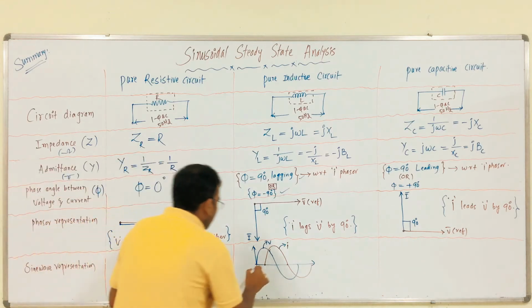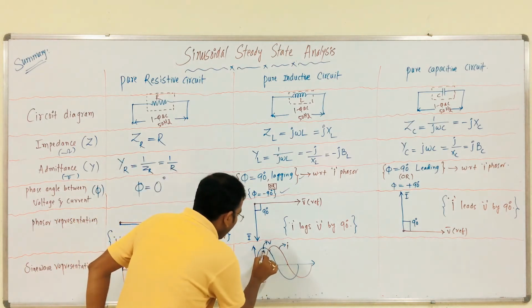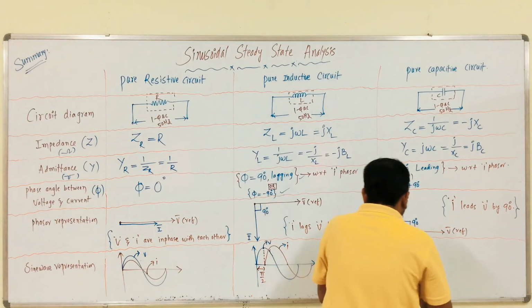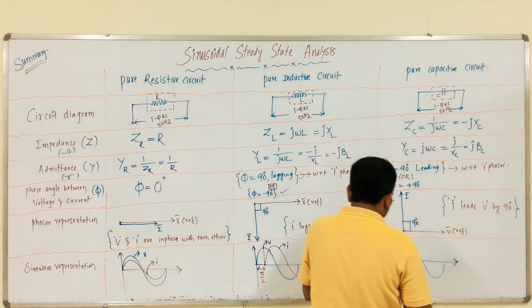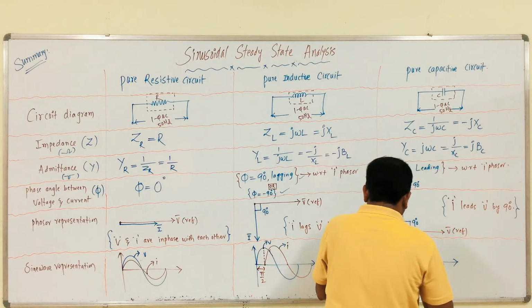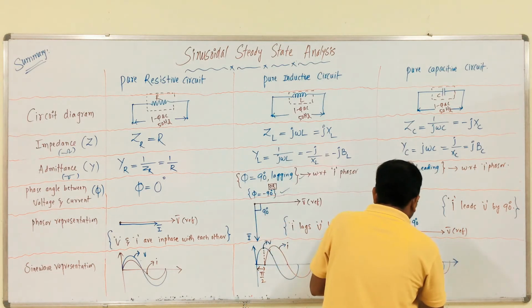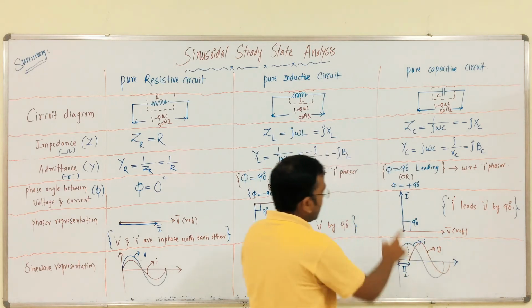This is the phase displacement of pi by 2. At 90 degrees of voltage we get the current, that is why current lags voltage by 90 degrees. Next, for this, this is for example current, then at 90 degrees of current we are going to get the voltage. This is pi by 2. This red marker is the voltage. Voltage lags current by 90 degrees. Current leads voltage by 90 degrees.